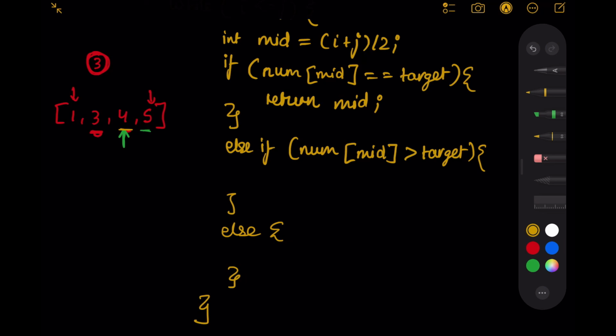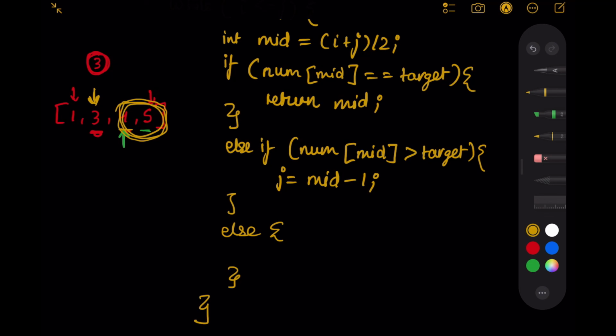Now to discard this entire array, what is the obvious step I need to do? I just need to move j behind the middle element, or behind the pivot element. If I have moved j to an element which is just behind the middle element, I have discarded the entire right side along with the pivot element. So that is the exact thing that we are going to do here. We are going to move j to mid - 1.